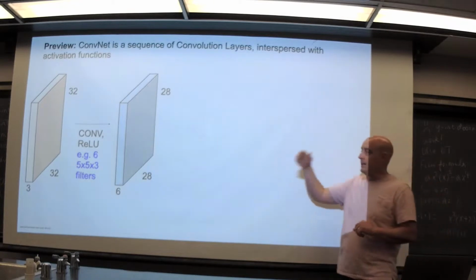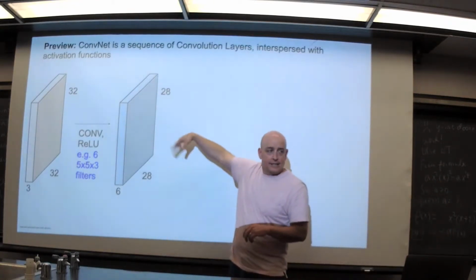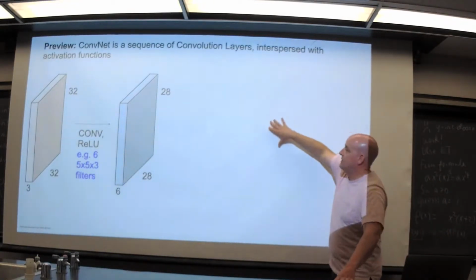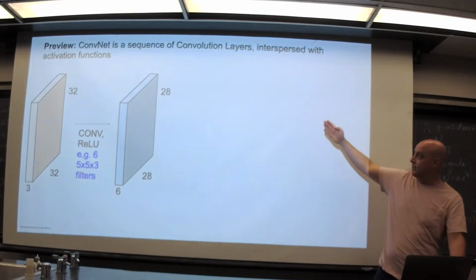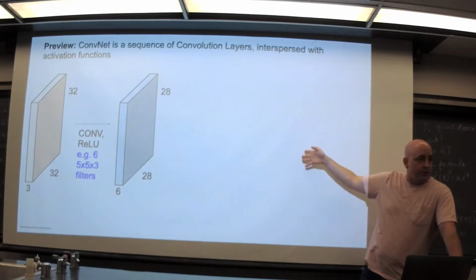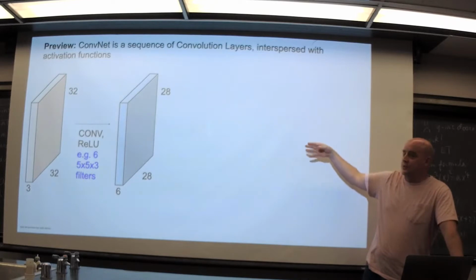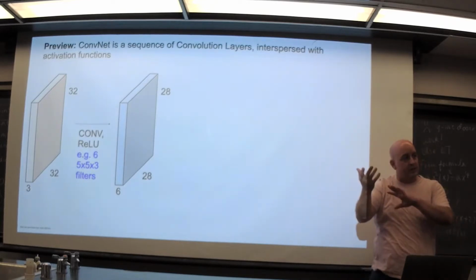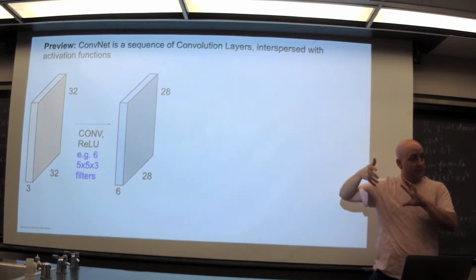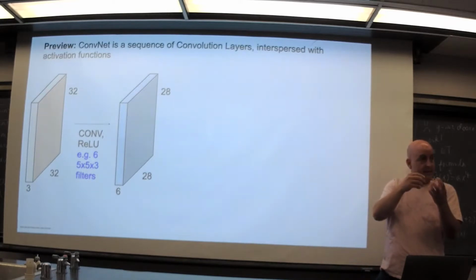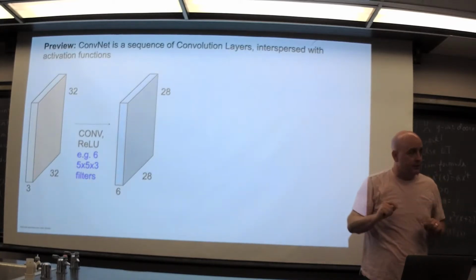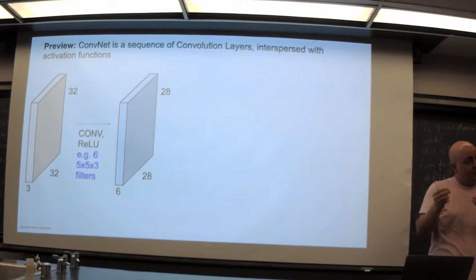Because remember, what's happening is we're going to do all kinds of layers like this, and then eventually, if this is a classification task, there's going to be 10 scores, and those 10 scores will feed into a loss function, and we're going to do backpropagation. We're going to update the weights. The weights in this case will be the entries in the filter, and if it's advantageous that these filters are all different from each other to do better and to reduce the loss, then that's what will happen, right?